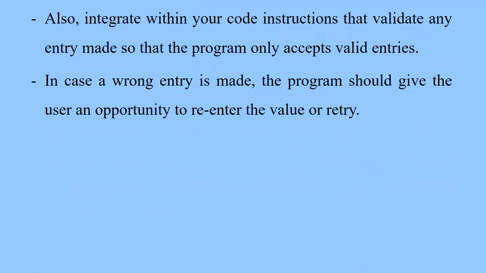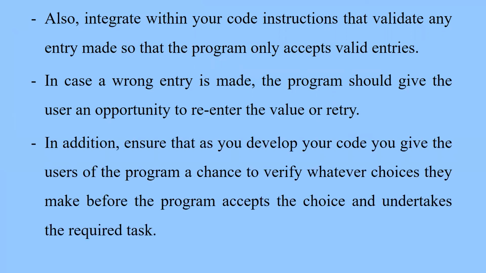In case a wrong entry is made, the program should give the user an opportunity to re-enter the value or retry. In addition, ensure that as you develop your source code, you give the users of the program a chance to verify whatever choices they make before the program accepts the choice and undertakes the required task.